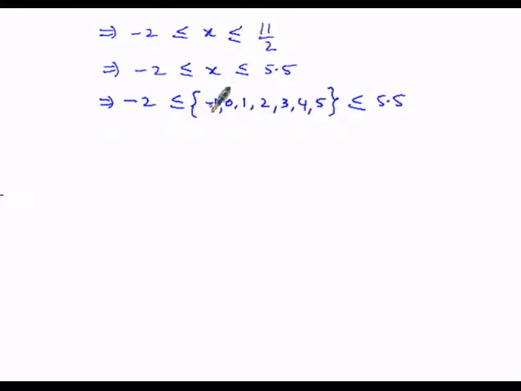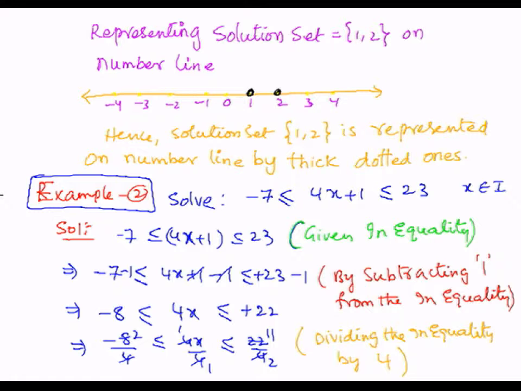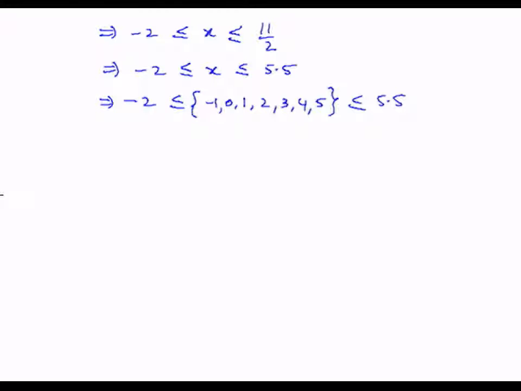These are the values which are in between -2 and plus 5.5. Let us check: -2 is less than -1, and -1 is also less than 5.5. -2 is less than 1, and 1 is less than 5.5. -2 is less than or equal to 4. These are the solutions of the x value.